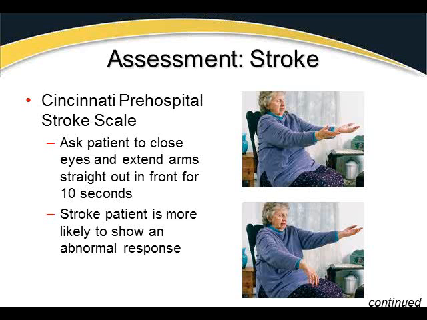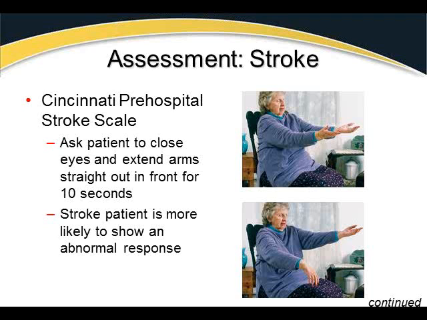The drift, this is the pronator drift test. We're going to ask the patient to close their eyes and extend their arms straight out for 10 seconds and put their palms up. The stroke patient most likely is going to have one arm flip back over and start to drift downward. If the patient doesn't close their eyes, this test will not work because they will see that their arm is moving and they will correct it.